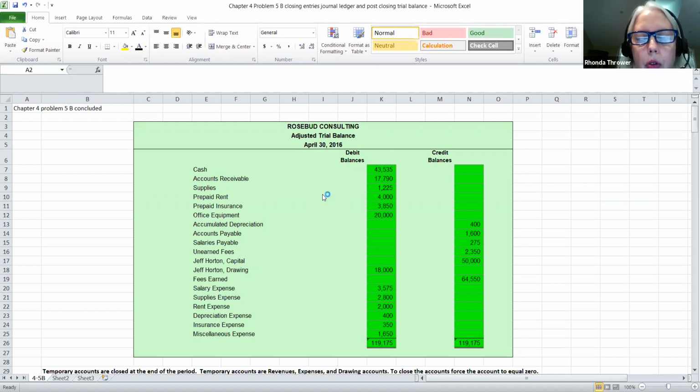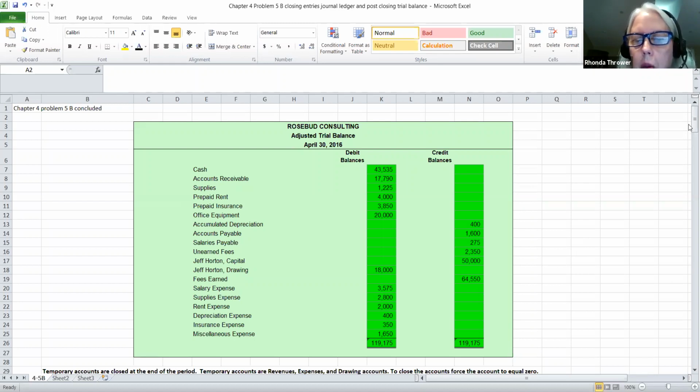Once your financial statements are prepared, we're going to create our closing entries. The closing entries are the entries that we use to reduce our revenue, expense, and drawing accounts down to zero so that we can start a new accounting period with no balances in those accounts.